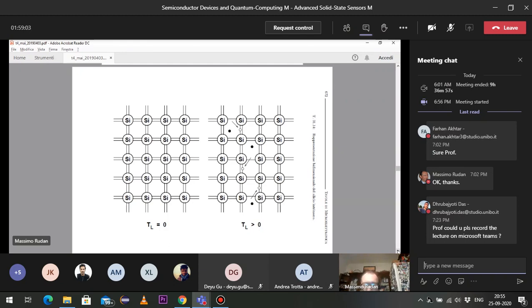So the black dots are electrons that have freed themselves from the atom, so they can move around in the crystal, okay? Since the crystal is in equilibrium, the motion of these electrons will be random, okay? So they will compensate each other and they will not provide any current, okay? But if we apply an electric field, the field will orient the free electrons and we shall obtain a current, okay? But there is another effect.